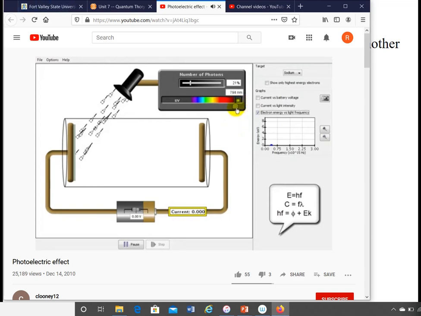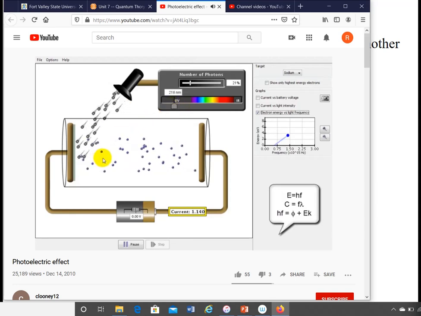If we decrease the wavelength of these photons, this has the effect of increasing its frequency, which also has the effect of increasing the energy of these photons. You will notice that as we get to a certain point, electrons start to be released from the metal surface. As I continue to increase their energy, the electron's energy also increases.